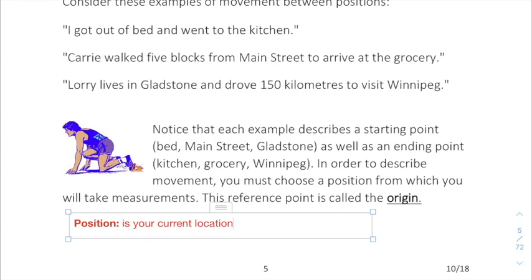Or a location, in more general terms, and it's often given with some point of reference.